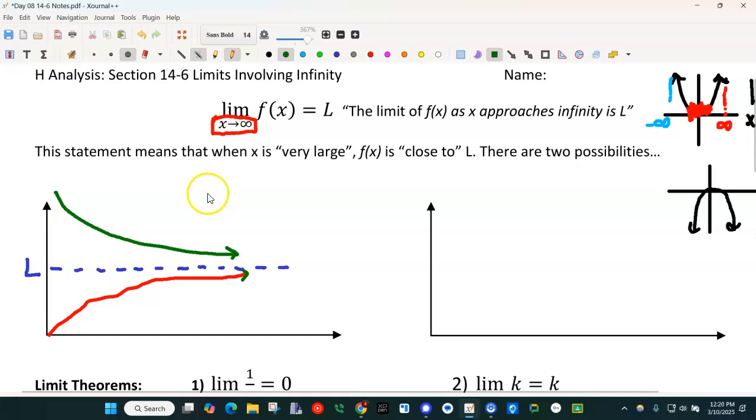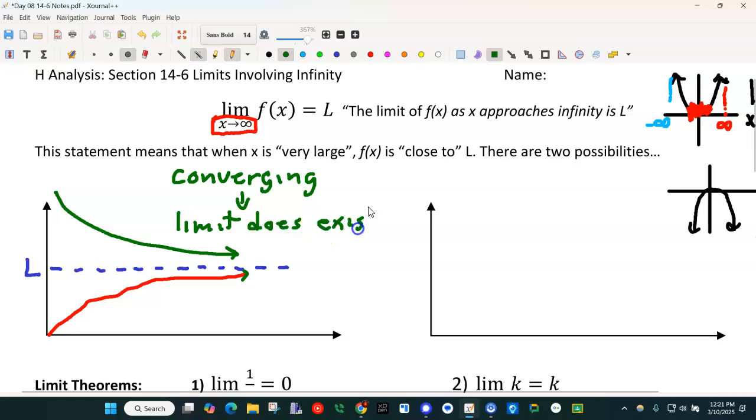So in this case, that's where the limit would actually exist. This is what converging means, which means the limit does exist. All right, just getting closer and closer. That's if you have a graph.